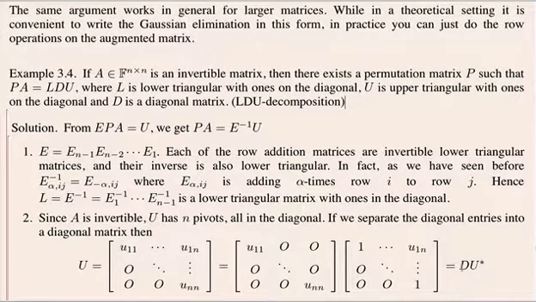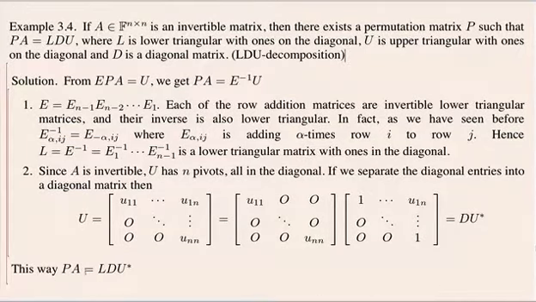So here what we get is a diagonal matrix times an upper triangular matrix U star with ones in the diagonal. This way we get the desired result. Well, the notation changes a little bit. What we get is that this PA matrix is L times D times U star.